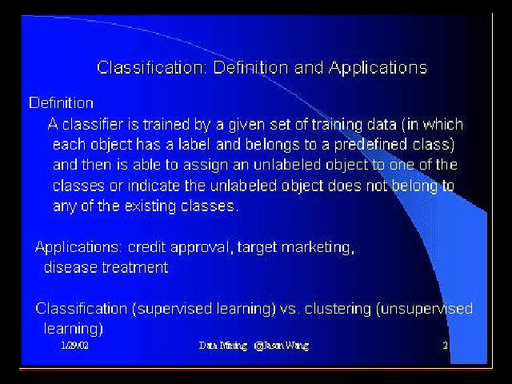And then the classifier is able to assign, after being trained, an unlabeled object to one of the classes or indicate the unlabeled object doesn't belong to any of the existing classes. That's the definition of classification and how a classifier works in reality.